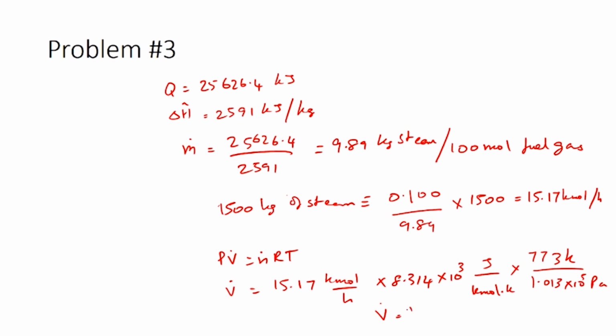So, V dot would be equal to 962.4 cubic meters per hour. So, 962.4 cubic meters of fuel gas has to be burnt per hour for us to get 1500 kilograms of steam with the given conditions.